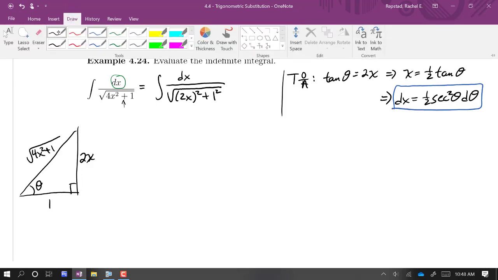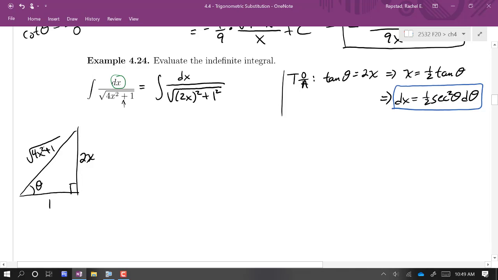And now to get an expression for the radical, it's like before, it's going to be much easier on us if we get an expression using the radical and the constant side. So I'm going to use cosine. Cosine theta is 1 over the radical.